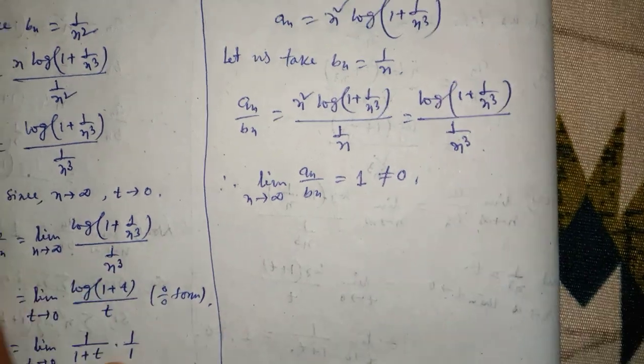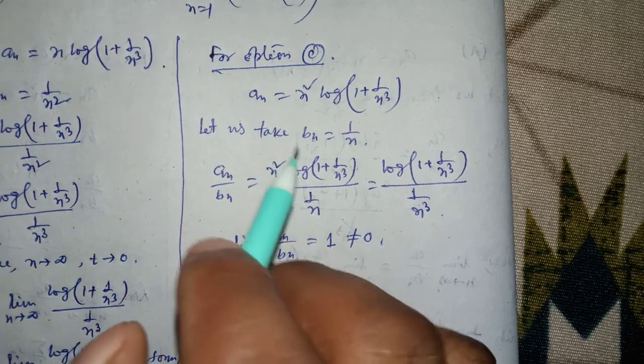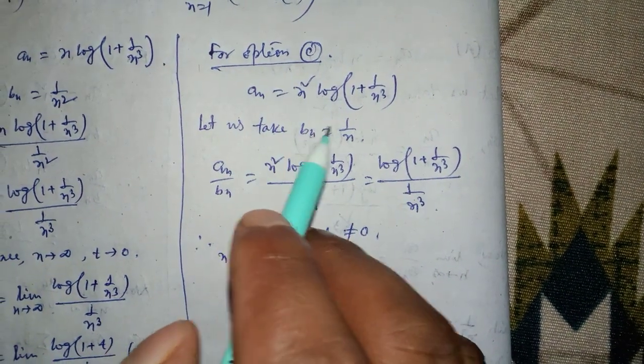So by limit form of comparison test, the series an and bn converge and diverge together.